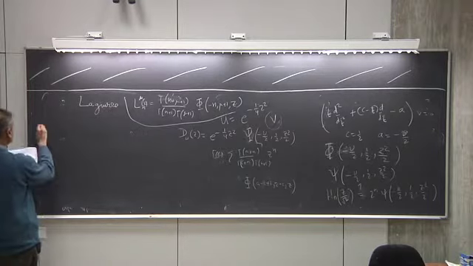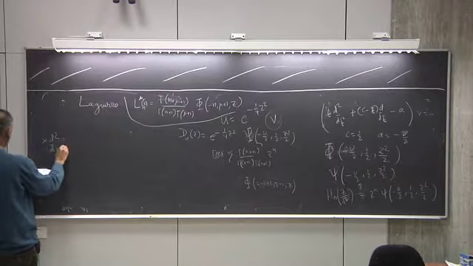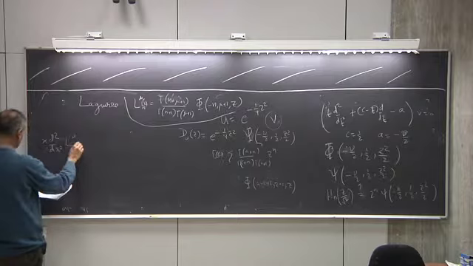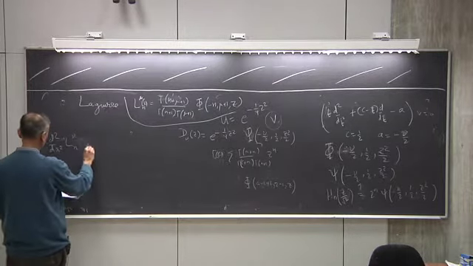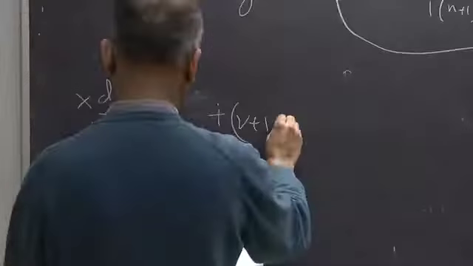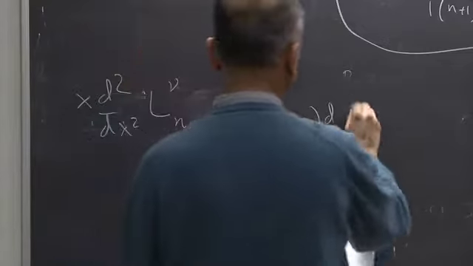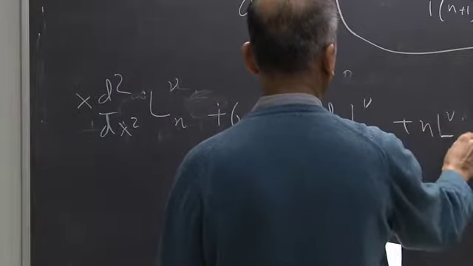So the Laguerre equation is x d2 by dx2 L n nu of x, this is a function of x, plus nu plus 1 minus x, d by dx L mu n, plus n L mu n equal to 0.